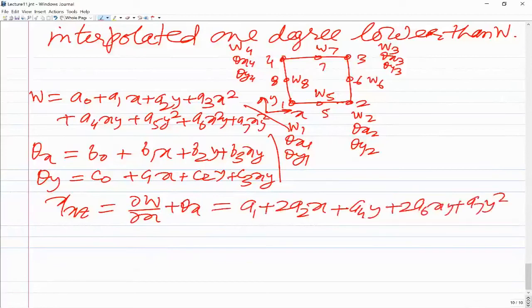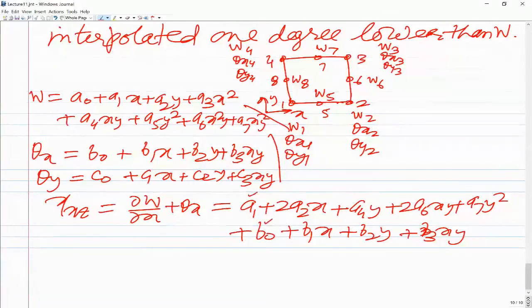This is del w by del x, and of course theta x is b0 plus b1x plus b2y plus b3xy. So you will see here that the constant term has got contributions from both del w by del x and theta x. The linear term in x has got contribution from both. The linear term in y has got contribution from both. A bilinear term xy has got contribution from both.